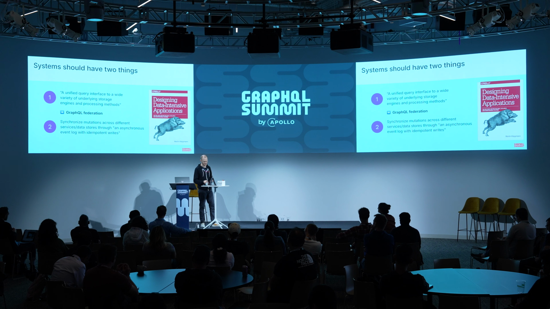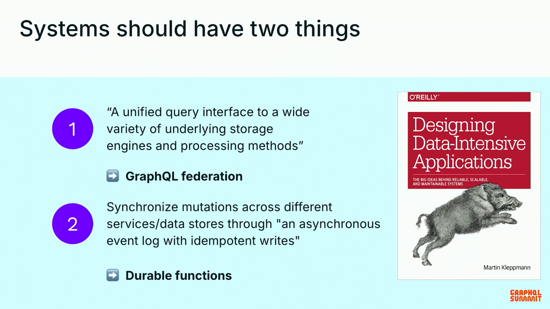And it just so happens that most durable execution systems are implemented under the hood with an async event log with idempotent writes, and are able to give you the benefits that Martin is recommending you use them for. So you get the consistency benefits, the ability to accurately make sure that updates to your state that involve multiple places, like multiple services, multiple data stores, which is very common, happen eventually consistently.